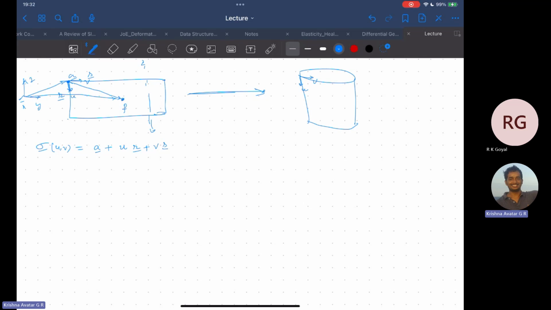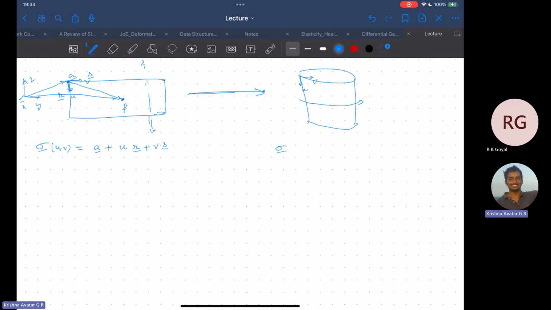For the cylinder, we know very well it's essentially a surface of revolution. And again, we had also learned that it's also a ruled surface, right? So what we do is, why not consider it to be a ruled surface, and we'll make some changes here.